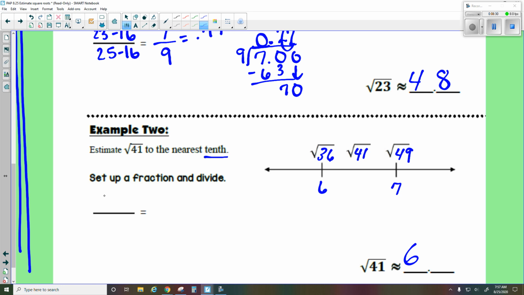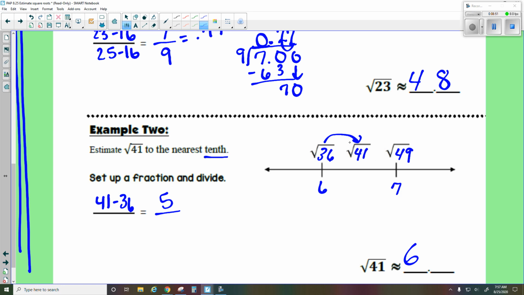Okay, to get our numerator, we're going to find the distance from here to here. And again, we can just subtract 41 minus 36, and that gives us 5. Now to get our denominator, we want the total distance.